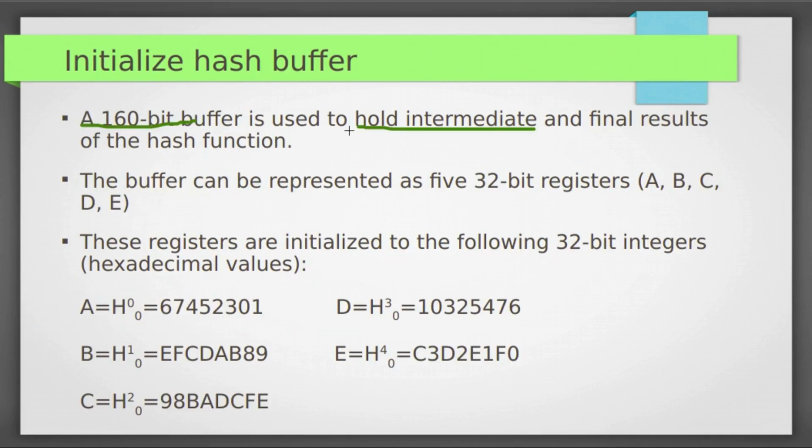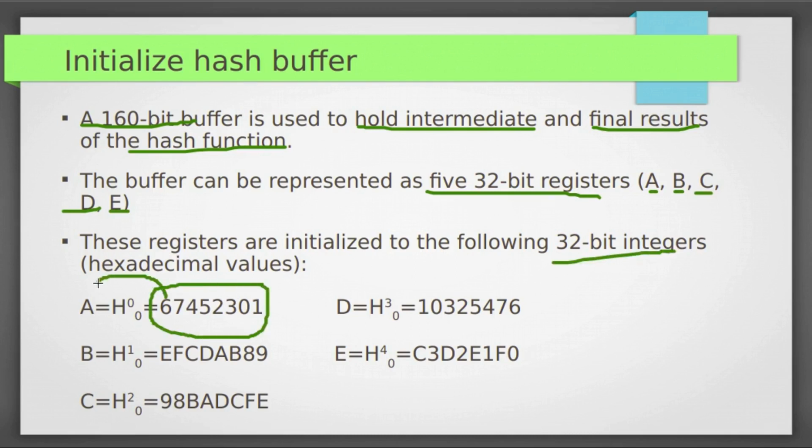160-bit buffer is used to hold the intermediate and final results of the hash function. This buffer can be represented as 32-bit registers A, B, C, D and E. These registers are initialized to 32-bit integers. These are the fixed values initialized to these registers.